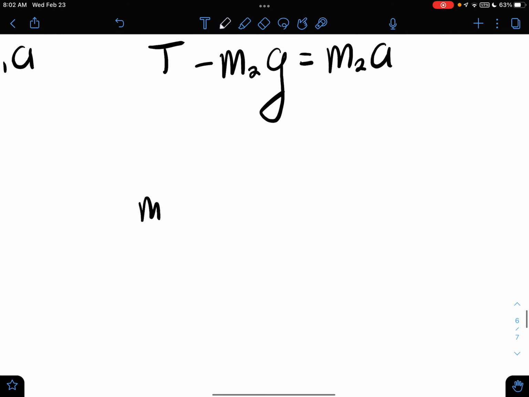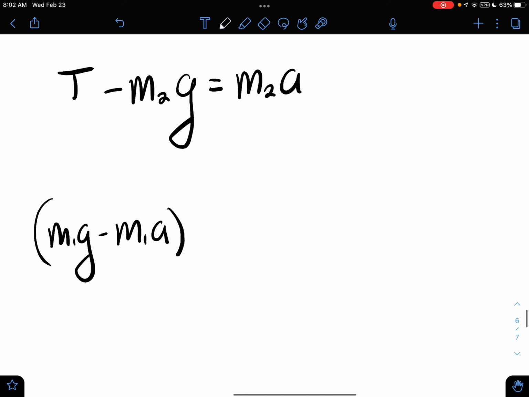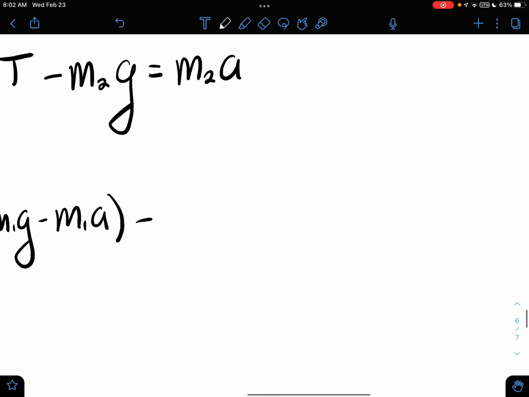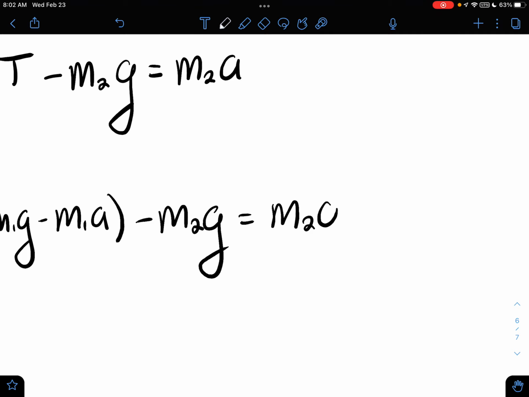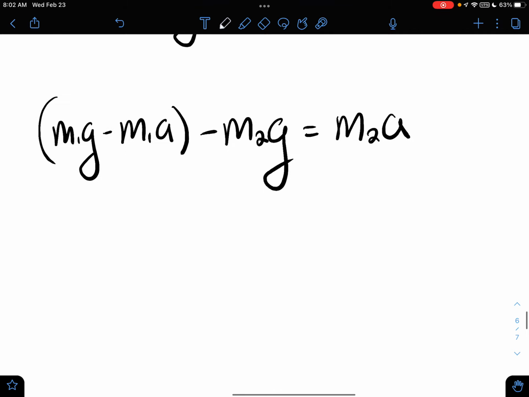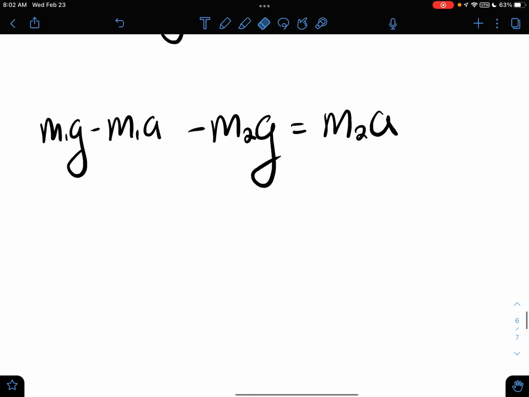So you get M1G minus M1A, there's our tension expanded out. Then minus, we just rewrite the rest of the equation, equals M2A. Now I'm going to start simplifying this. Since it's all addition and subtraction, I can just open those parentheses.